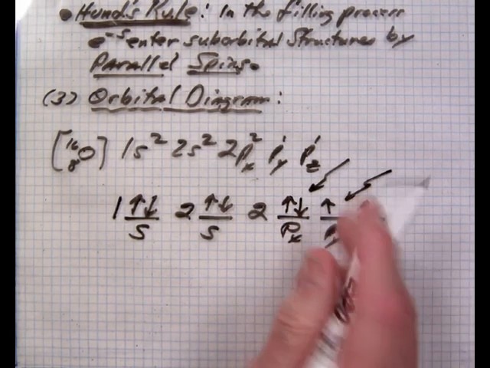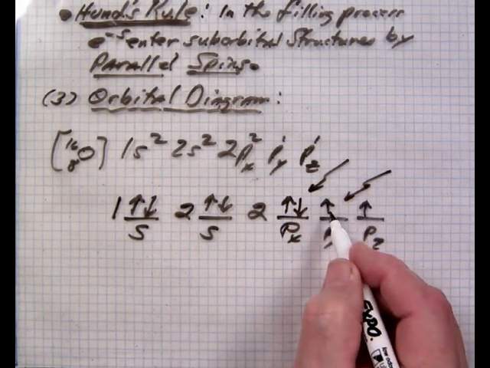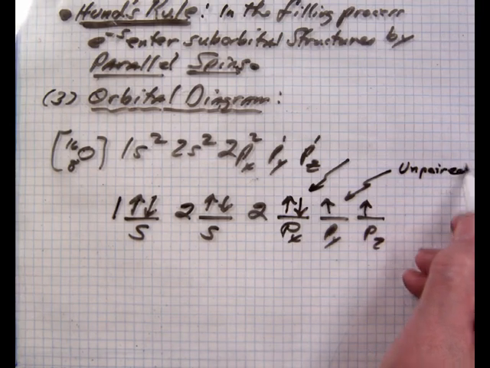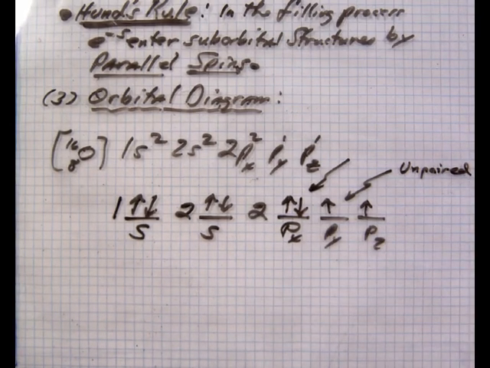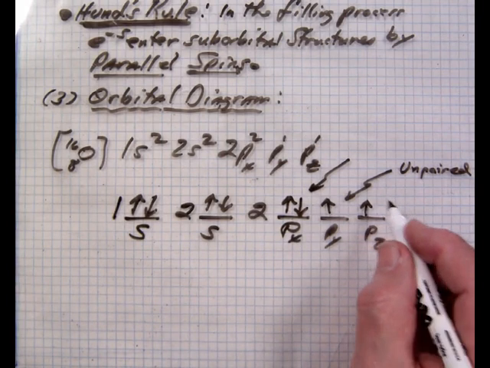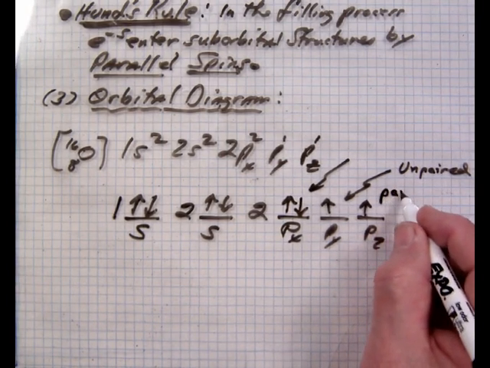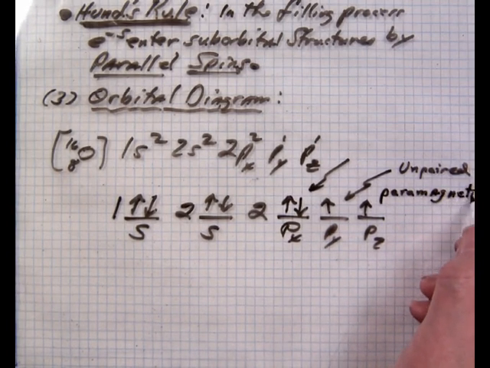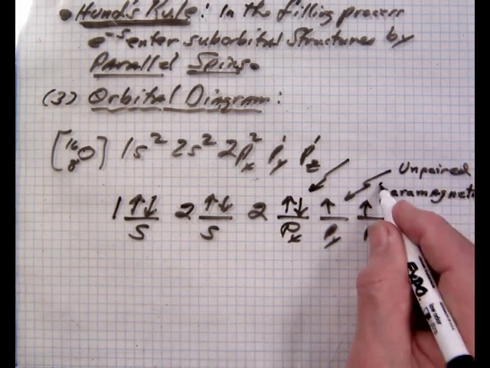If they are unpaired, the electrons are referred to as paramagnetic. Please learn that term.